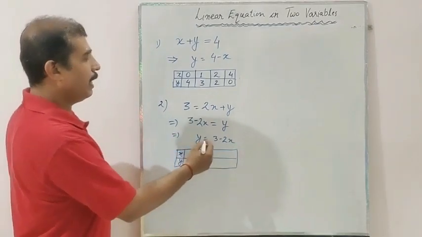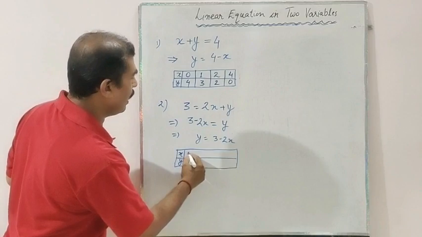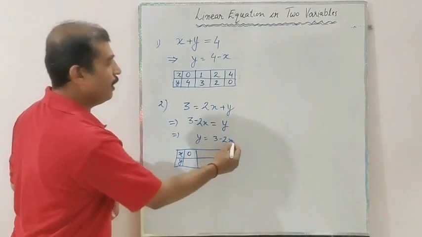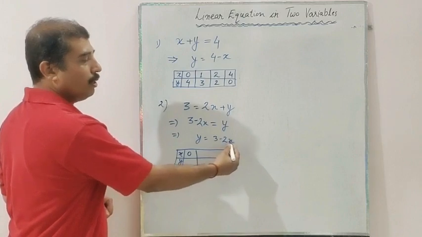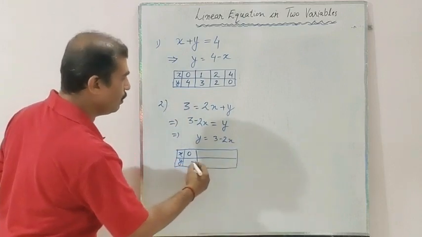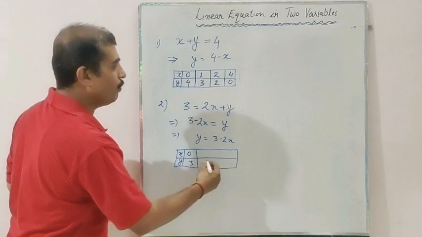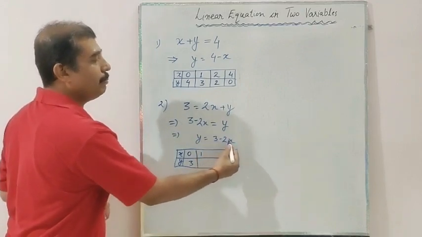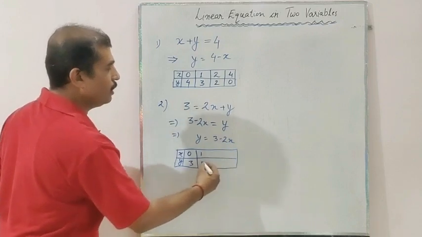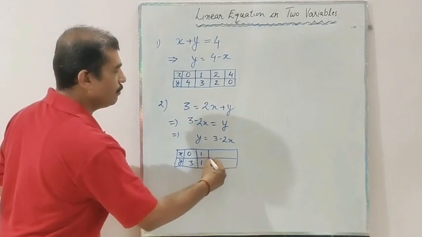So x and y, putting the value of x as 0. If I put x as 0, 3 minus 2 into 0, 2 into 0 will be 0, 3 minus 0 will be 3. Value of x as 1, y is 3 minus 2 into 1, that is 3 minus 2, which is 1.